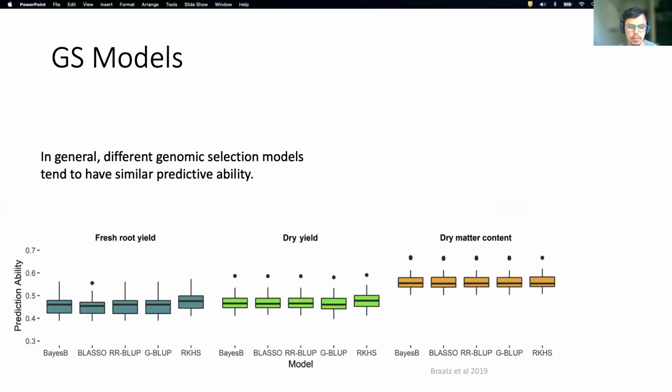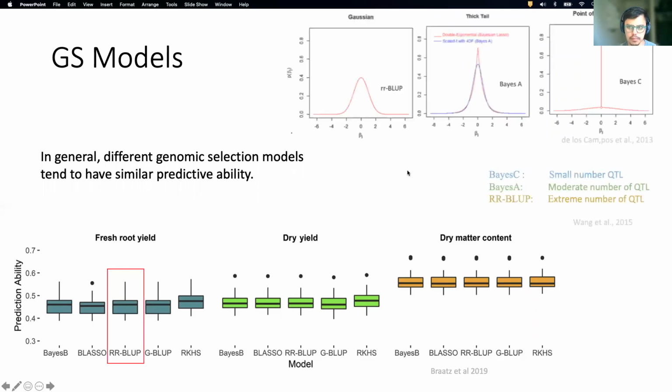Yeah, and somebody asked about the differences between some models, and I have this slide, and again there are different models. Machine learning, now that we have a lot of information, is a common approach right now.